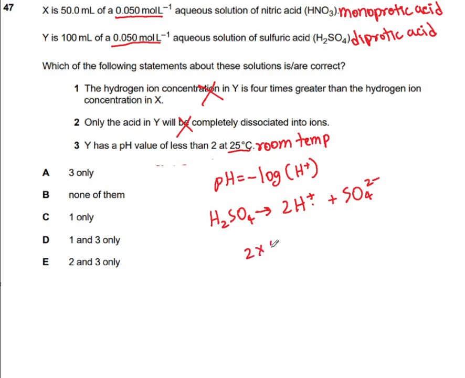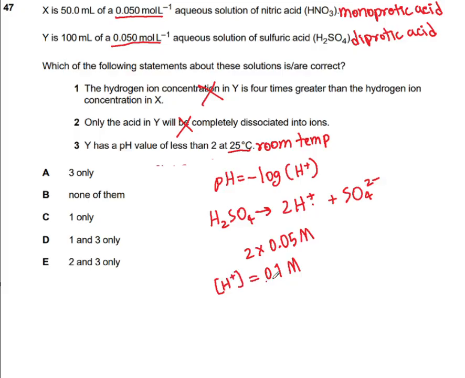So 2 times 0.05, the concentration of acid, gives 0.1 mole per liter. I shortened it into capital M, molar. Okay, so 0.1 molar, we have this concentration of H plus.